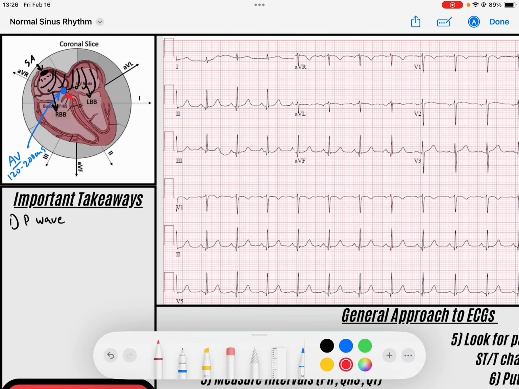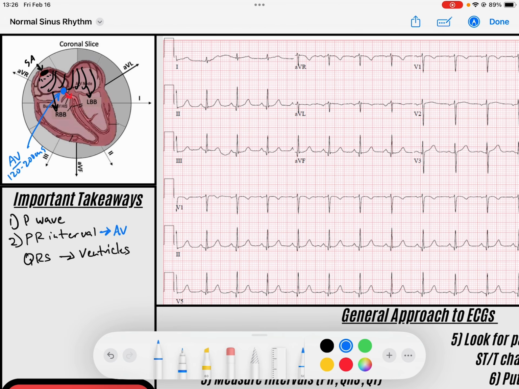And when it passes the signal down, it starts our QRS complex, and the QRS is what represents depolarization of the ventricles, right? And so then we can infer that the time between the P wave and the QRS is represented by the PR interval, and the PR interval is essentially representing my AV node, right?